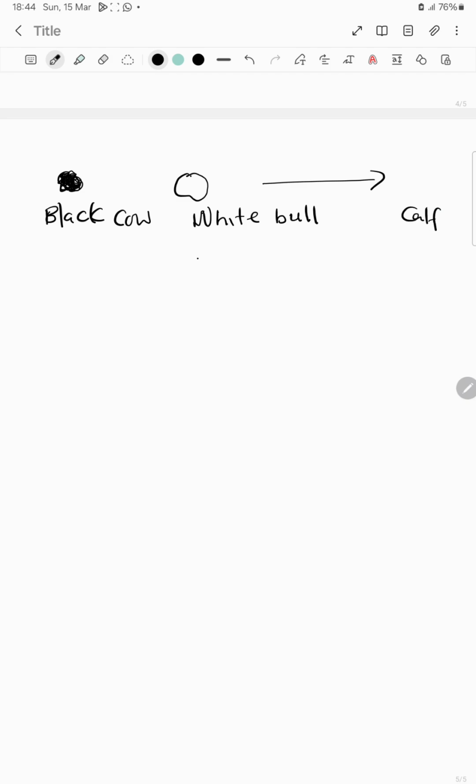We know that the calf is the offspring of the two. The calf becomes black in color. So we'll say black calf.